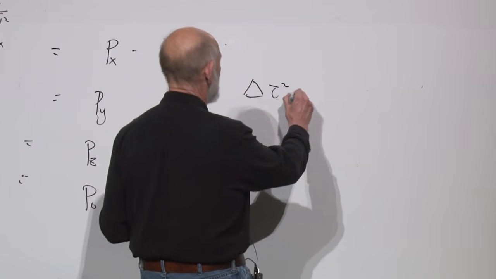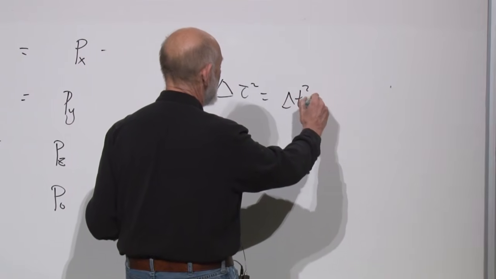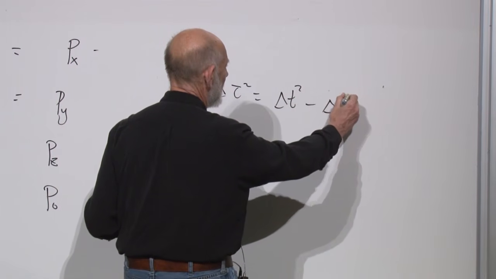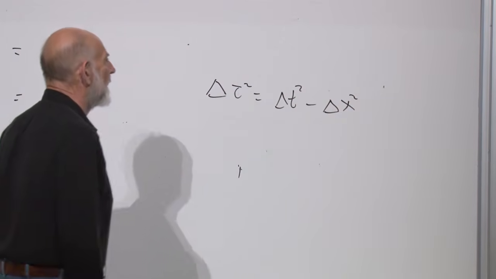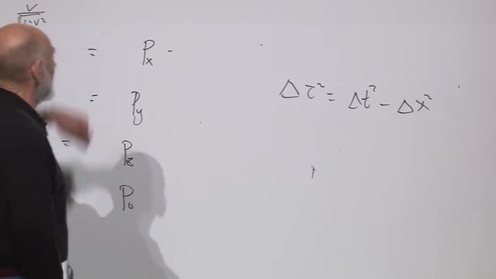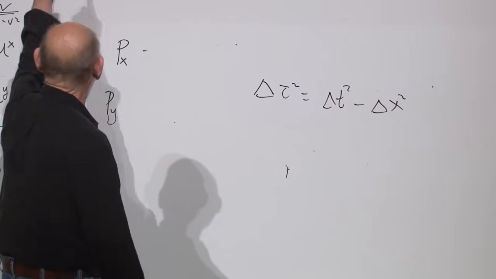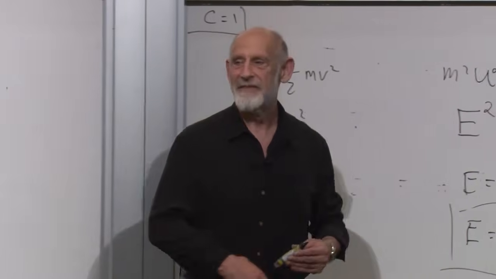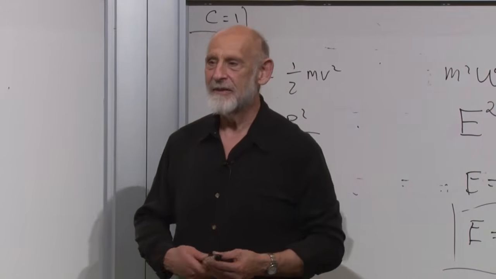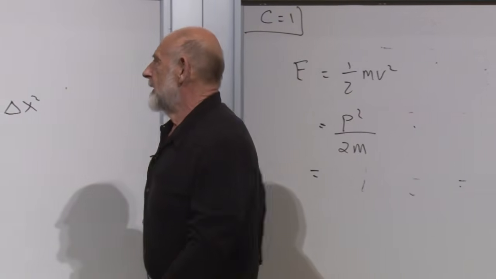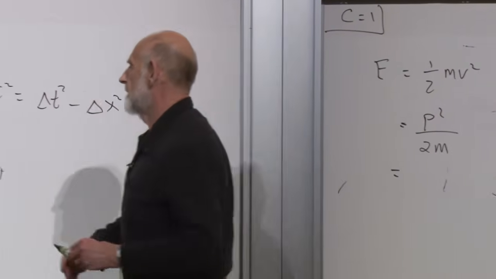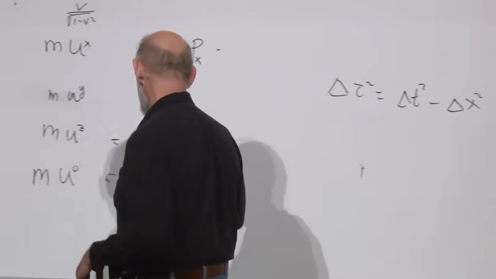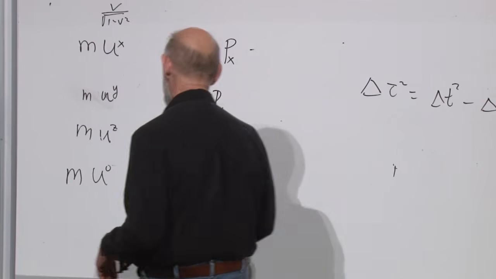Delta tau squared is equal to delta t squared minus delta x squared? Okay. Ah, here it is right over here. Right, good. Yes, Kevin? So U naught is dt d tau. Or correct, delta t over delta tau. Right. What does that mean about energy?